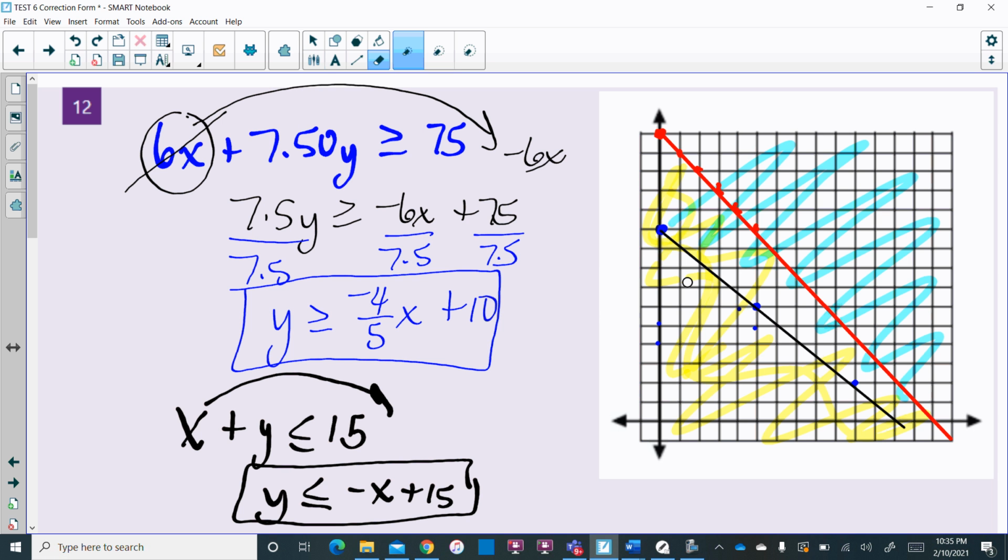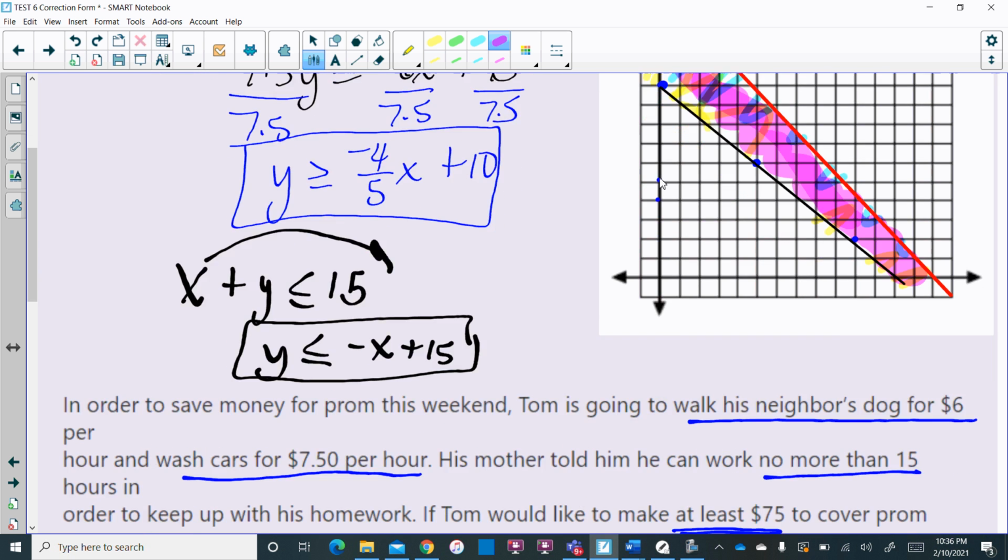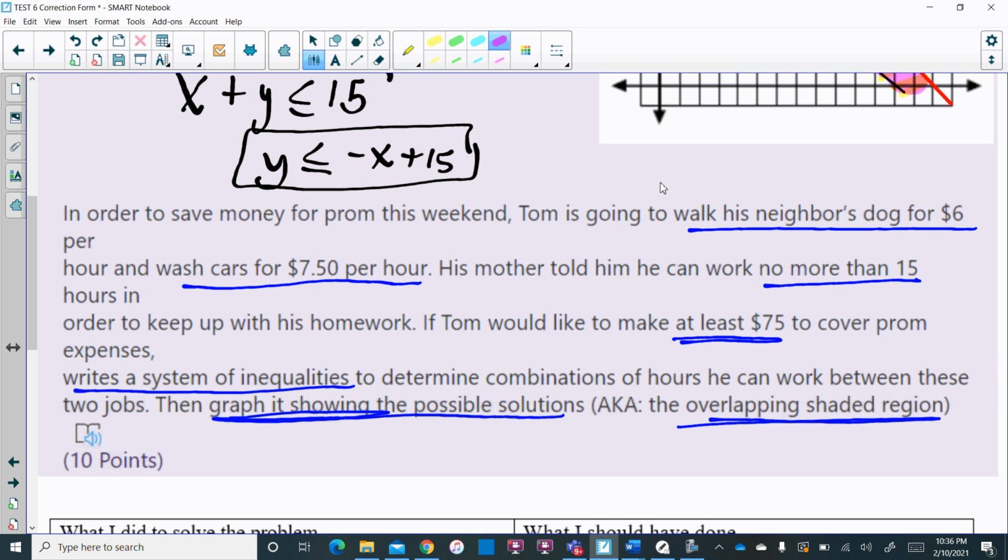So I didn't need, oops, let me see what I did. Yeah, I didn't need any of this shading here, and I didn't need just this shading here. I wanted the overlapping shading, which means I was looking for the shading in between, like such. Okay, and that's what I was looking for, because they wanted to know the possible solutions.